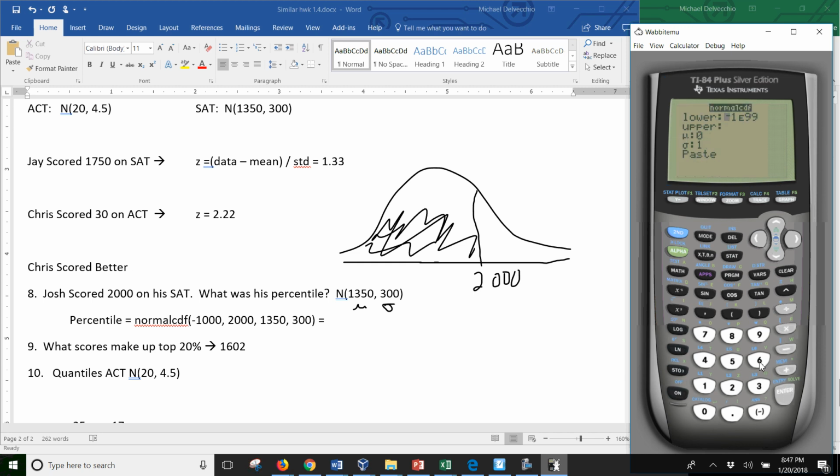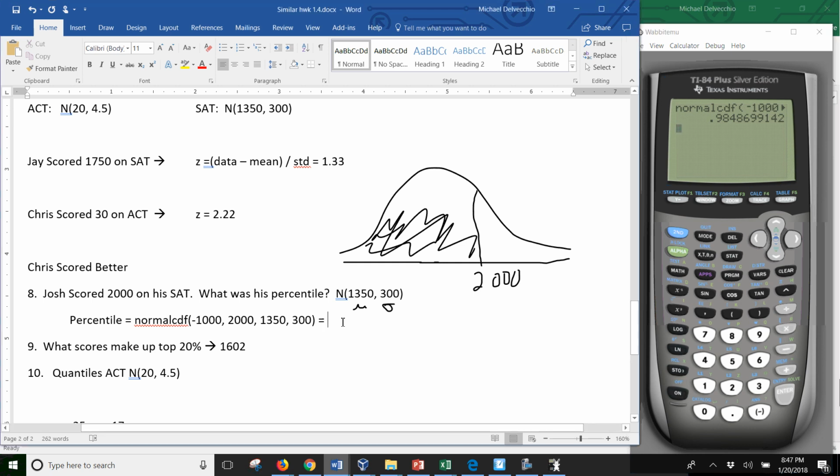Normal CDF, lower bound, negative 1,000, upper bound 2,000, mean 1350, and standard deviation 300. Okay, so we get 0.984. Did pretty good. About 98%, right?